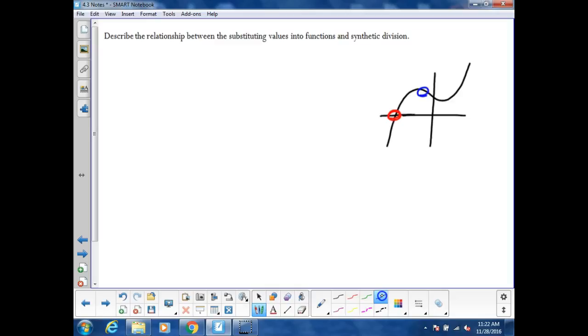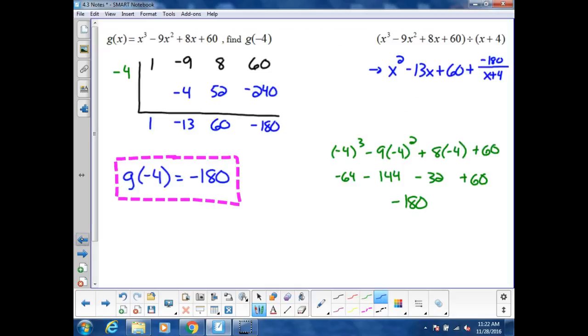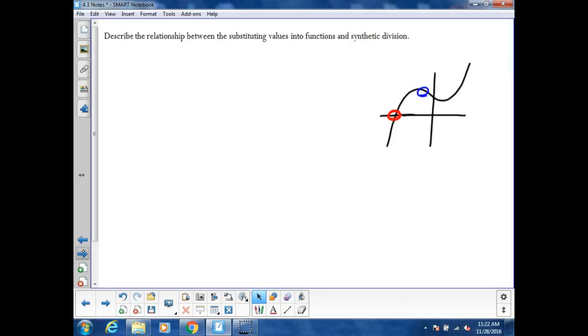Back here, if negative 4 was a 0, I'd get 0 instead of negative 180, right? So I'm still getting out the value of the function even though it's 0. Somehow you can put that into your own words and describe the relationship between substituting values into functions and synthetic division. One of them also gives you a polynomial. The other one gives you a number.